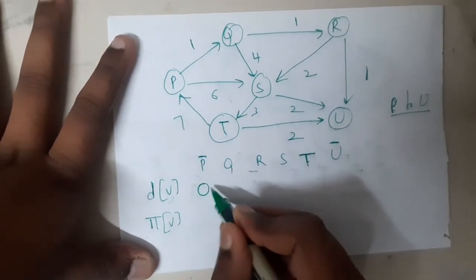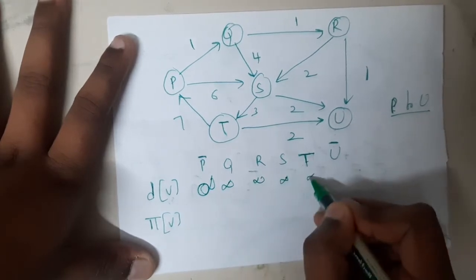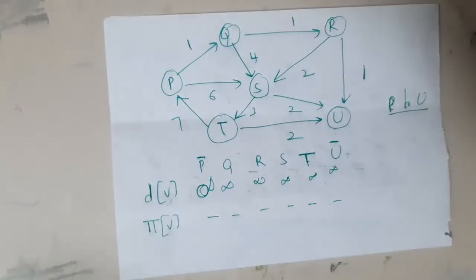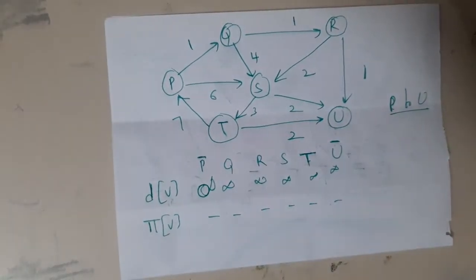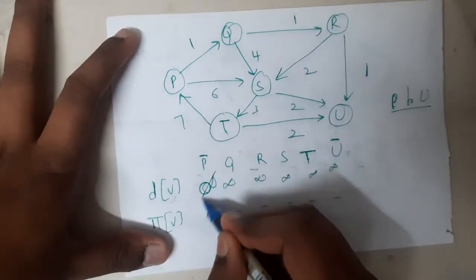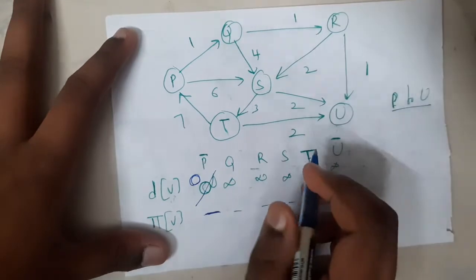Initially you will apply infinity for all distances and nil for all parents. The initial value of P will be 0 and the parent will be nil.